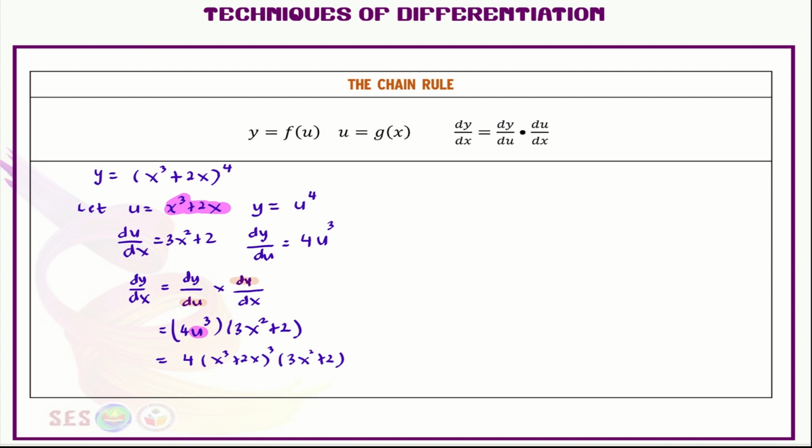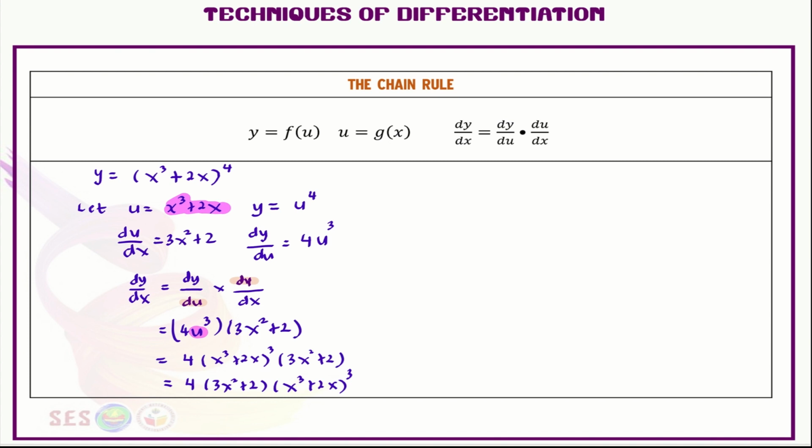This will be the final answer. Or if you would like to rewrite it, we can write it as 4 times 3x squared plus 2 times x cubed plus 2x, everything to the power of 3. So that will be the final answer.